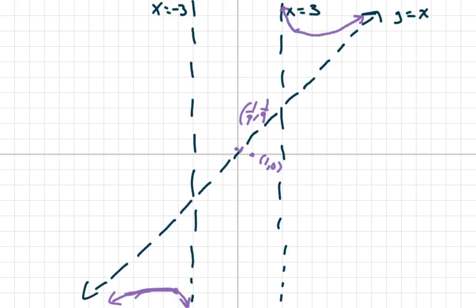And I know here it's above the graph. So I'm going to graph it like this. And I know on this side it was below the graph. So it looks like that. Okay? So it does cross y equals x.